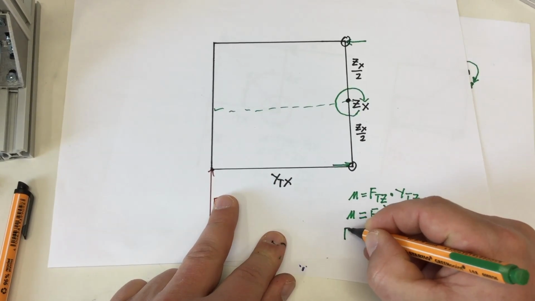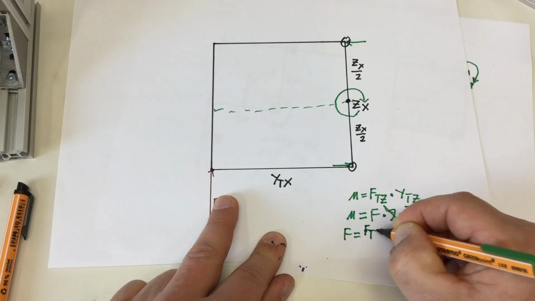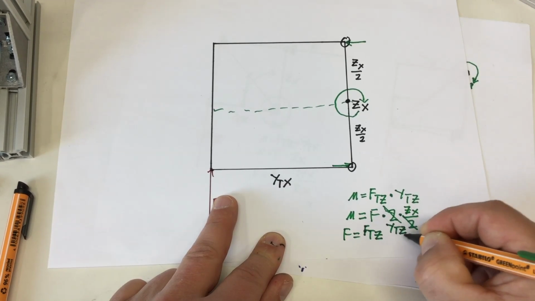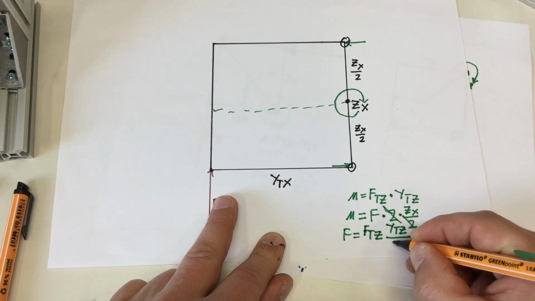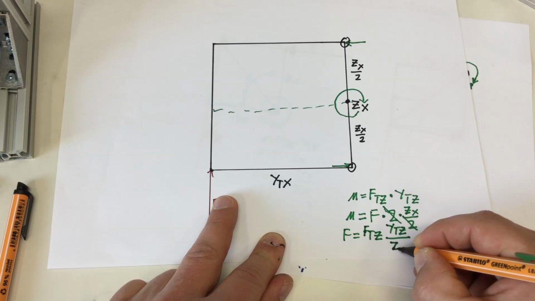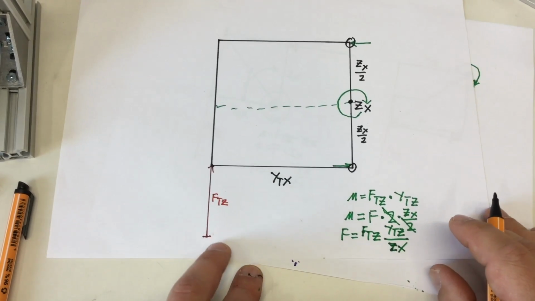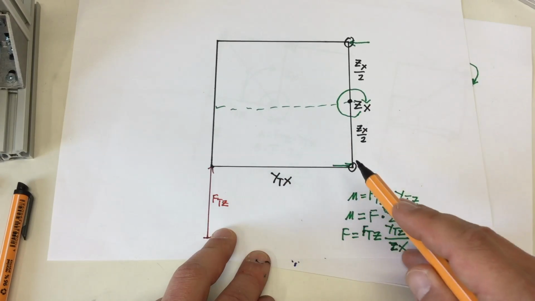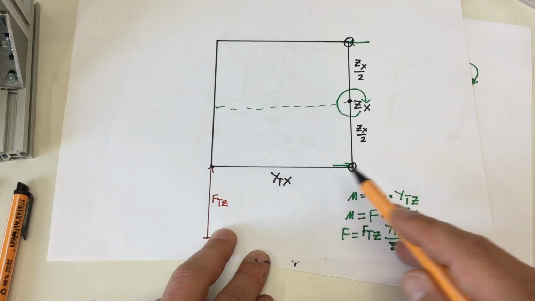So we have F is Ftz times ytz over zx. And for my special machine here, this is actually 10 centimeters, and this is 10 centimeters.